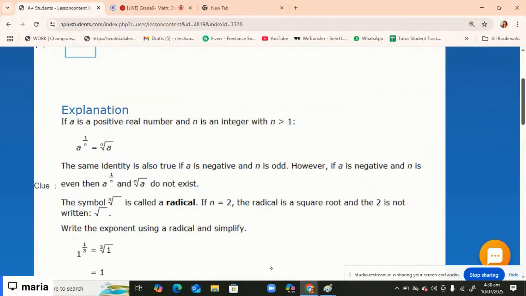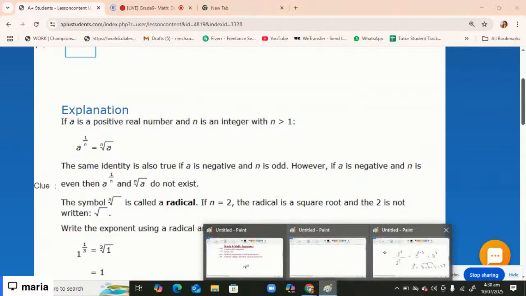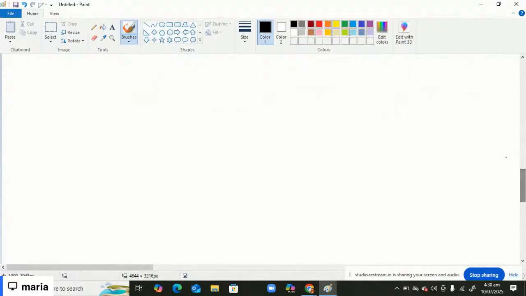For example, if it's written 1 to the power of 1 by 3, what does it mean? This power becomes n, this one is n.